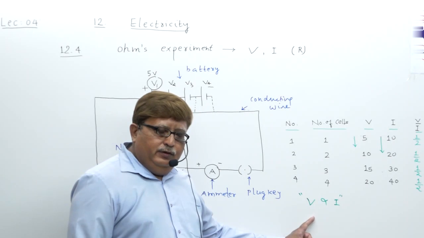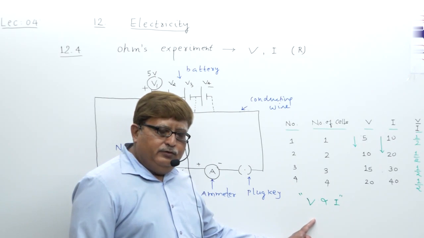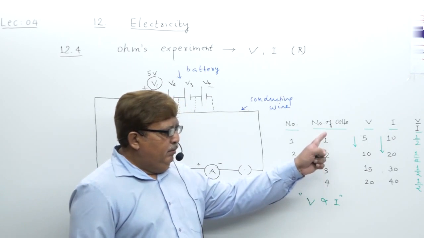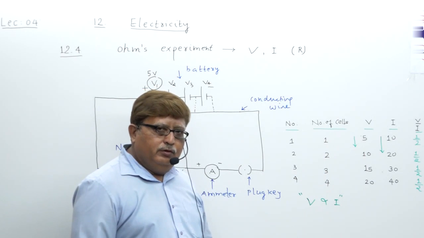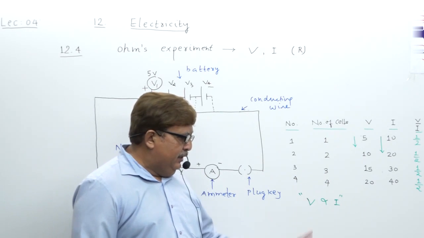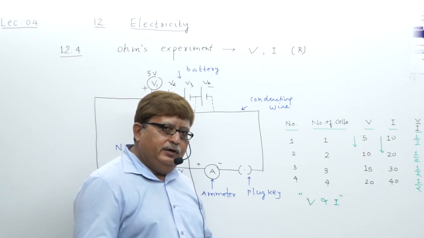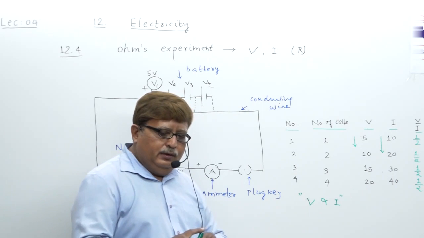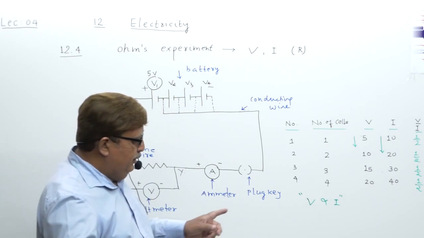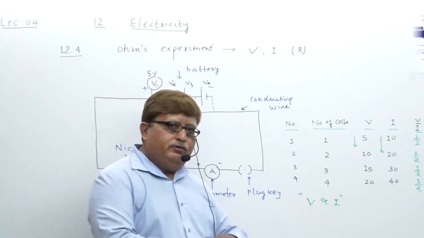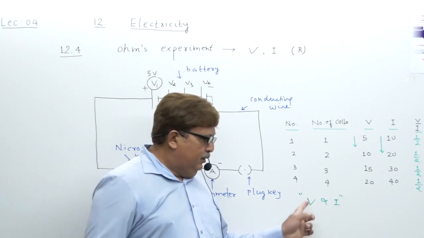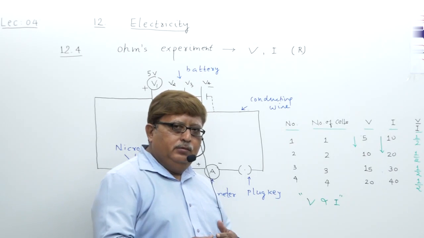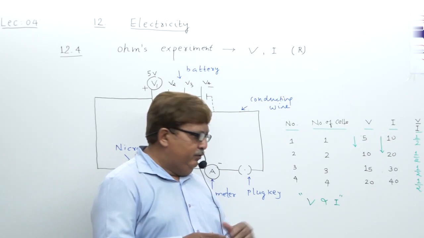This is actually the law established by Ohm. From all such observation, understand what is actually said. V is directly proportional to I. V means potential difference.